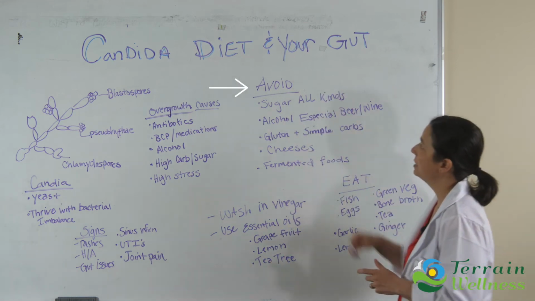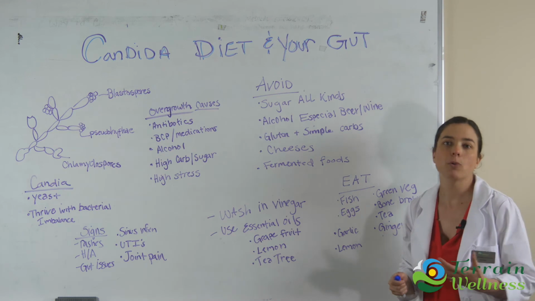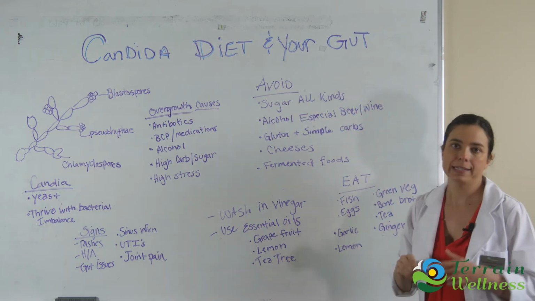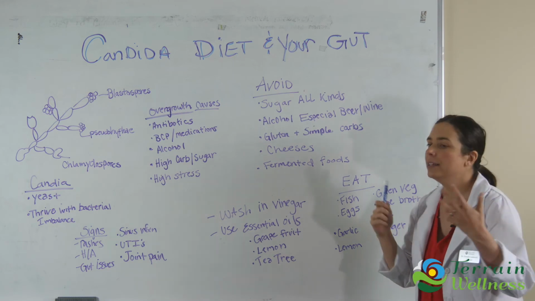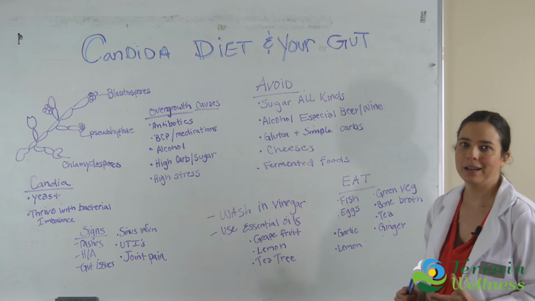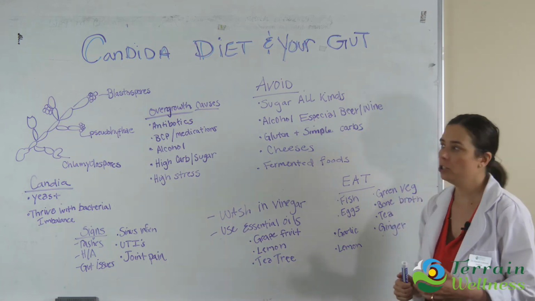So what do we want to do? For an actual diet, the basic principles of it, and obviously we can have more details about this in another video, are: sugar of all kinds. Yes, that includes your artificial sweeteners as well, because they really destroy that gut bacteria. It includes maple syrup. It includes honey, especially when you're doing this.